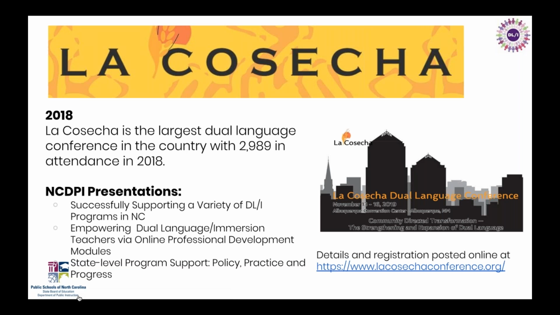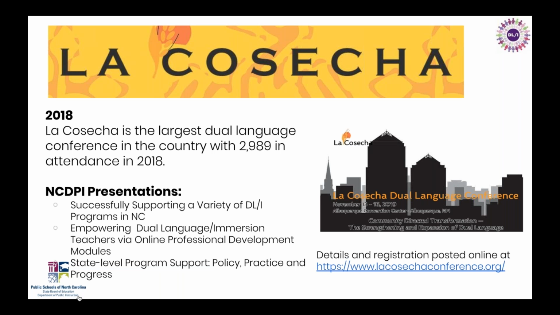Another conference that was very soon after the FLANC Fall Conference was the La Cosecha Conference. These are typically in November. It is the largest dual language conference in the country, and it is held in New Mexico typically. You see here listed on the slide, there were several presentations done by NCDPI about our dual language immersion program.